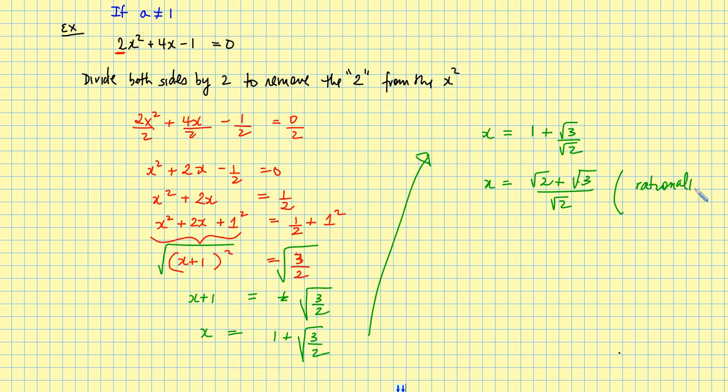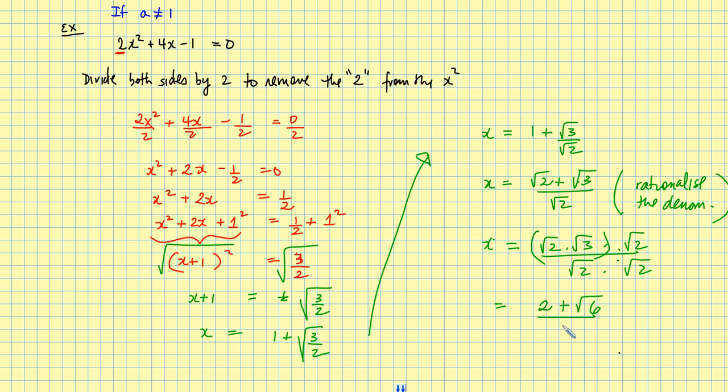And rationalizing the denominator, as we saw in the last chapters, means that I will write it as x is equal to root 2 plus root 3 times root 2 over root 2 times root 2. So I'm multiplying by whatever the denominator was, and I end up with 2 plus root 6 over 2. I did root 2 times root 2 is root 4, and root 4 is 2. Root 2 times root 3 is root 6, and root 2 times root 2 gives me 2. And that would be my final answer, 2 plus root 6 over 2.